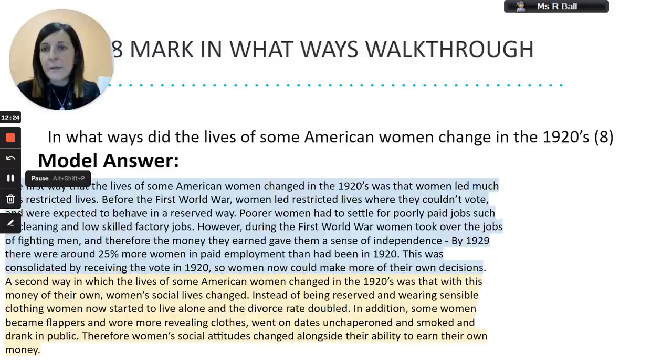In addition, some women, particularly younger women, middle-class women, women in the cities, began to wear more revealing clothes, went on dates unchaperoned, and smoked and drank in public. And therefore, women's social attitudes changed alongside their ability to earn their own money. However, the social attitudes wouldn't necessarily have changed without the ability to earn their own money.